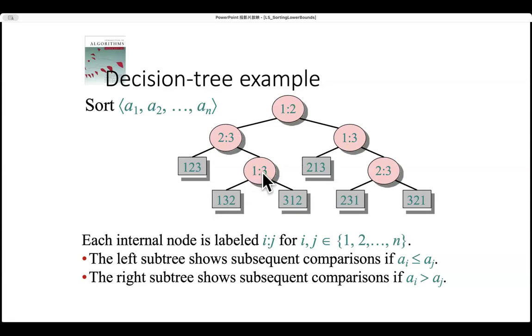Otherwise, if the third number is smaller than the first number, then the order of these three numbers will be 3, 1, 2. The similar idea holds for the other half of the tree. So we call this thing a decision tree.